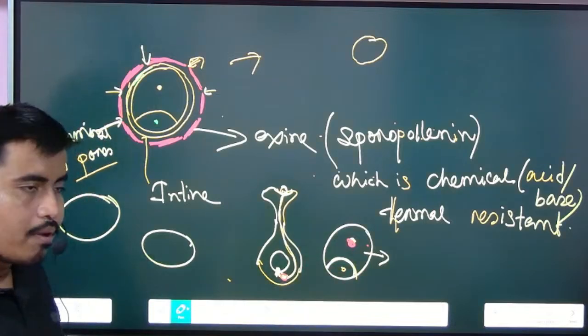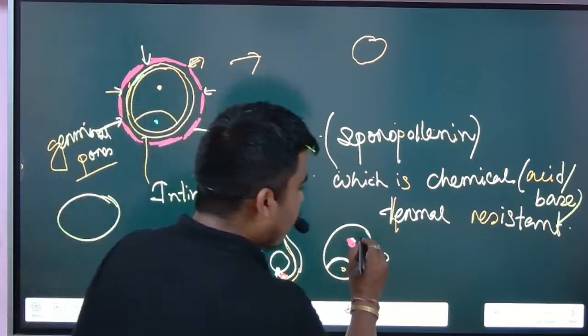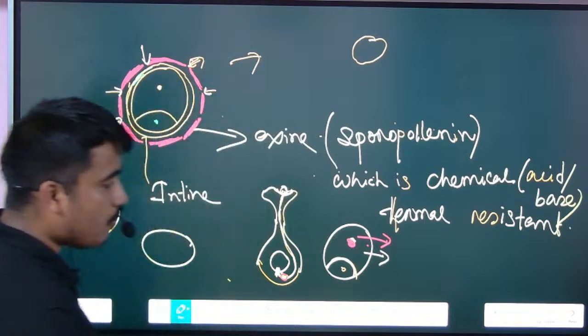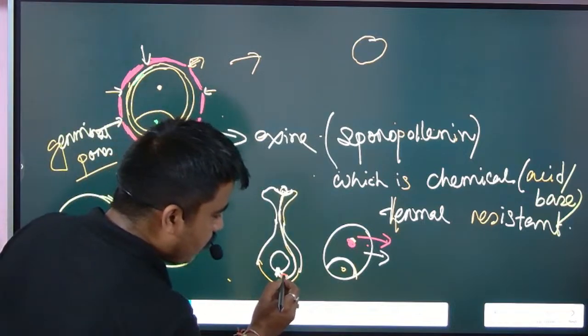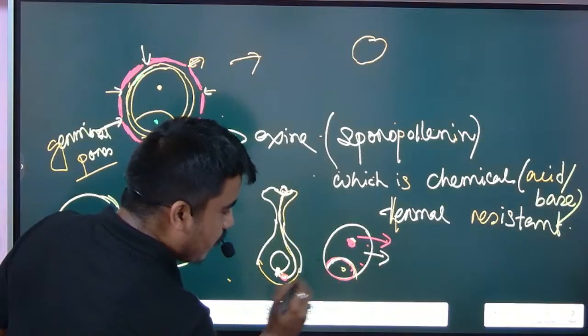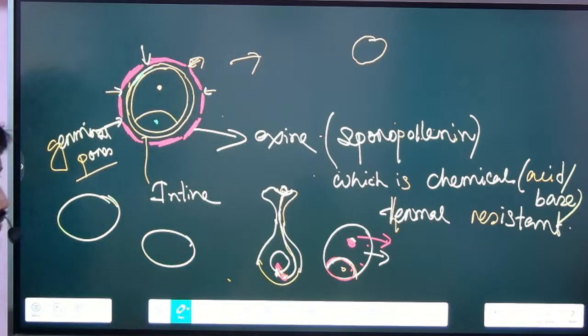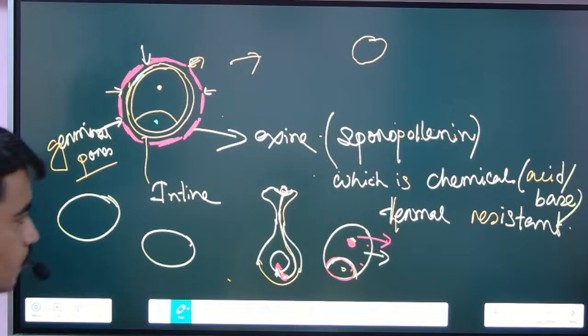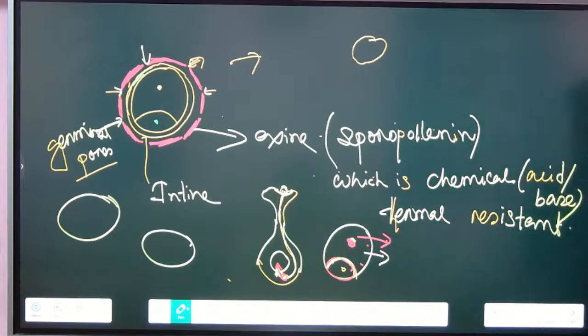Basically, during the maturation of the gamete, this vegetative cell supplies nutrition. Then it is destroyed, and only the generative portion enters the ovule. We will study the ovule portion. Clear?